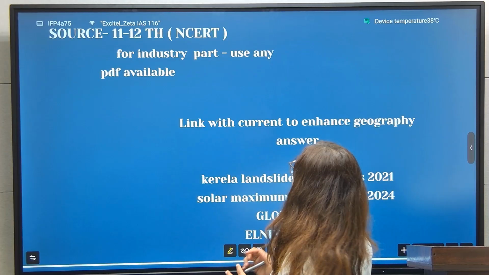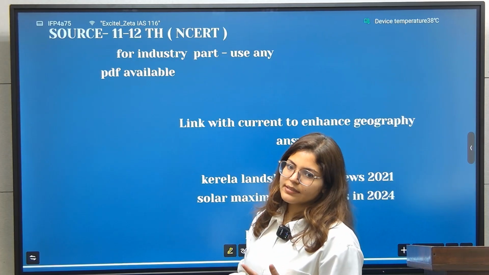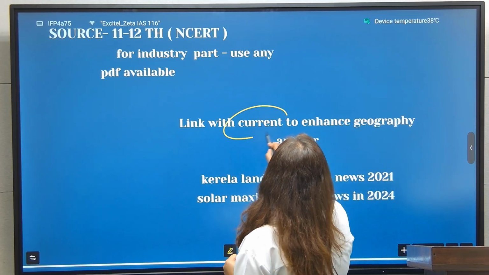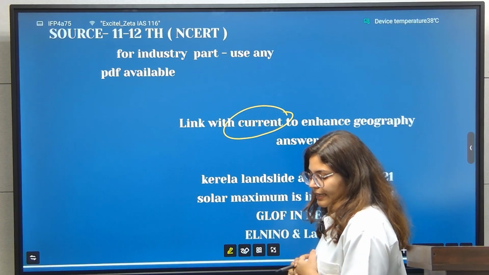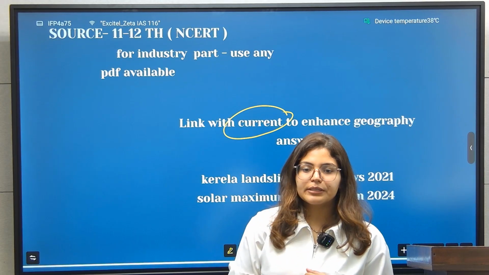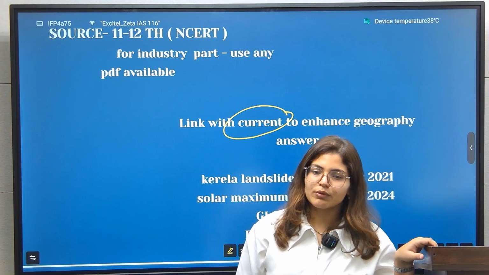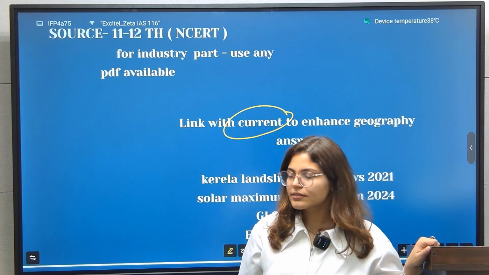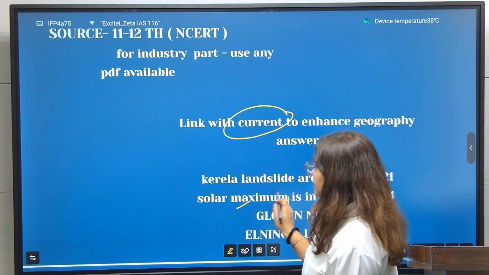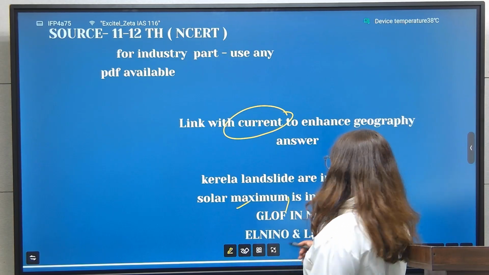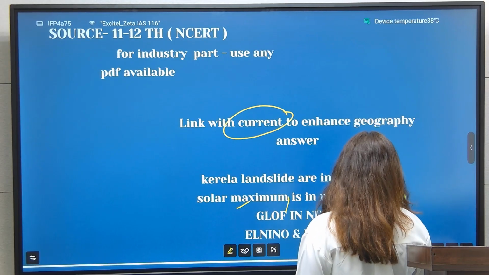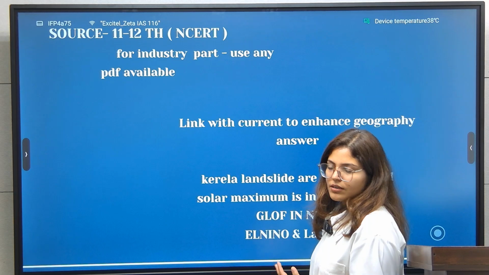You have to write more examples in geography. So link current to enhance geography answers. Like the Kerala landslide in 2021 was very much in news, so UPSC asked a question in 2021 on landslide. Solar maximum this year is very much in news, so a question was on auroras this year.